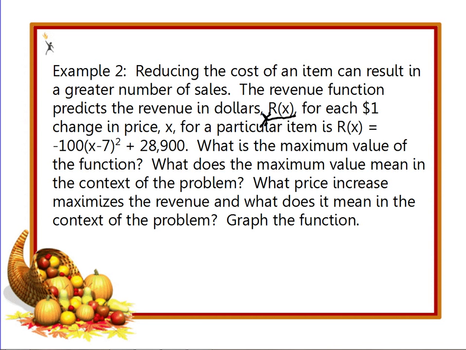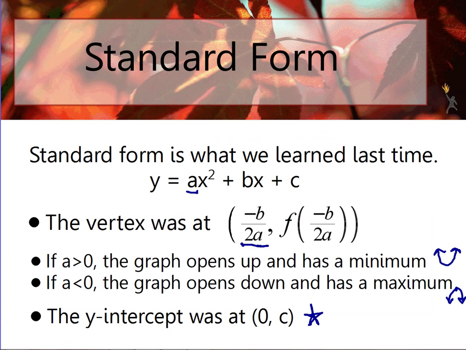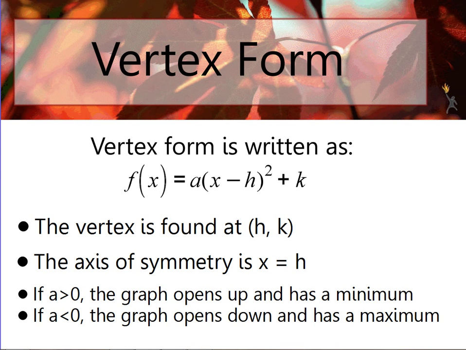So first of all, what form is this equation in? Was it standard form? No. Was it vertex form? Yes. So let's take a minute to look at the properties of vertex form.